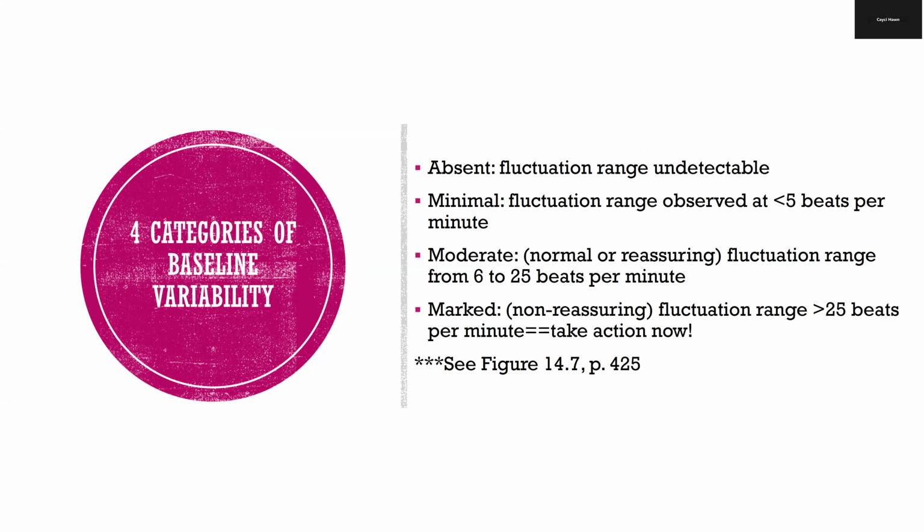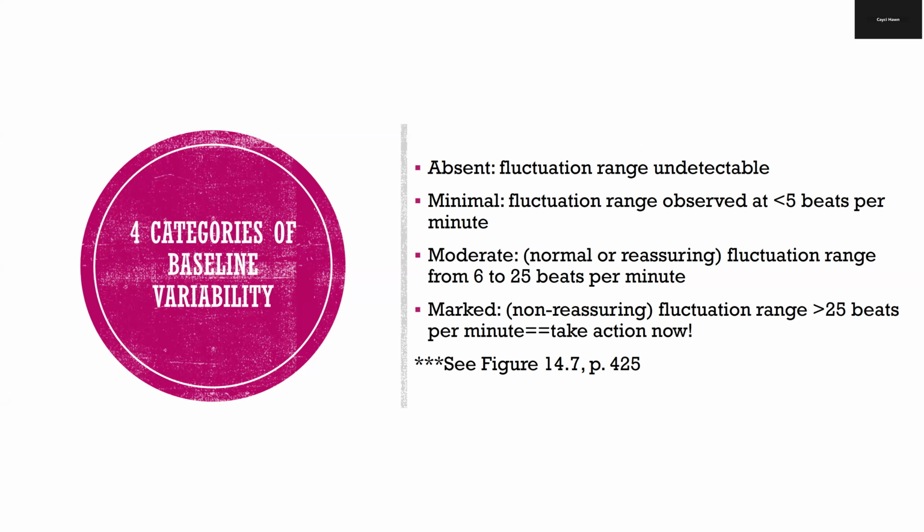So one thing I want you to realize is that absent and minimal variability can occur, especially if it's a short amount of time, just because of a fetal sleep cycle. And then it should go back to moderate.